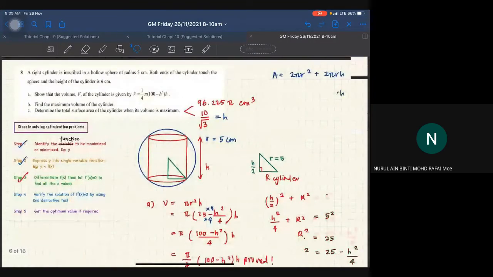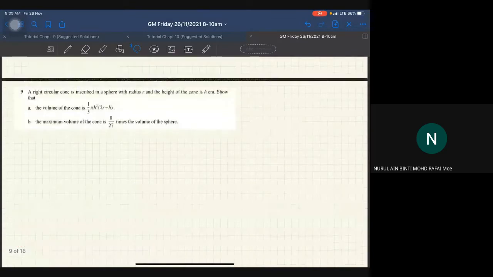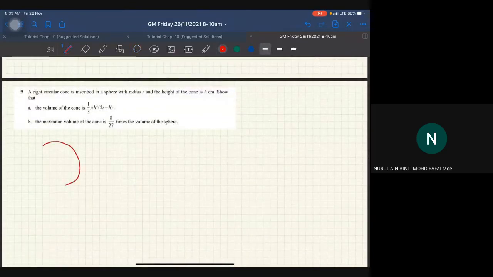So lebih kurang bentuk dia macam ini. Bentuk cone dia akan tajam ke atas, turun ke bawah. Yes, settled.